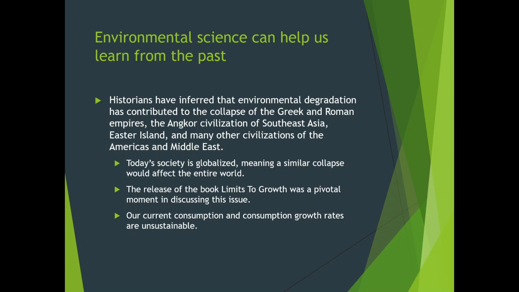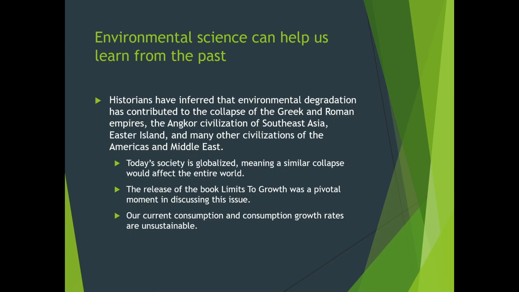Today's society is globalized, meaning a similar collapse would affect the entire world. So we're not just like the little Romans today, we're the whole world. If the United States goes down, the whole world is going to crumble because we are the biggest consumers out there. Okay.